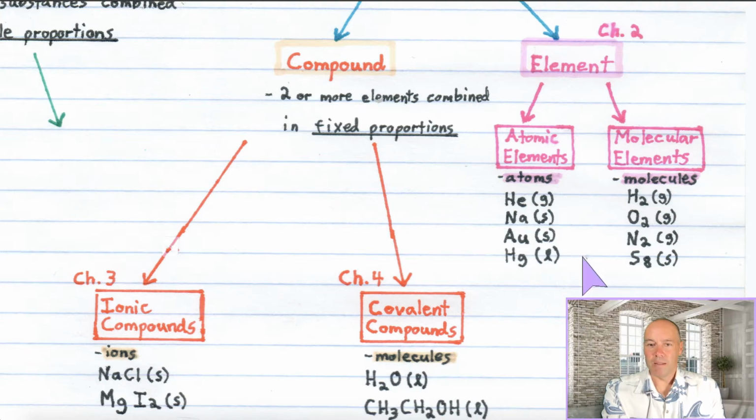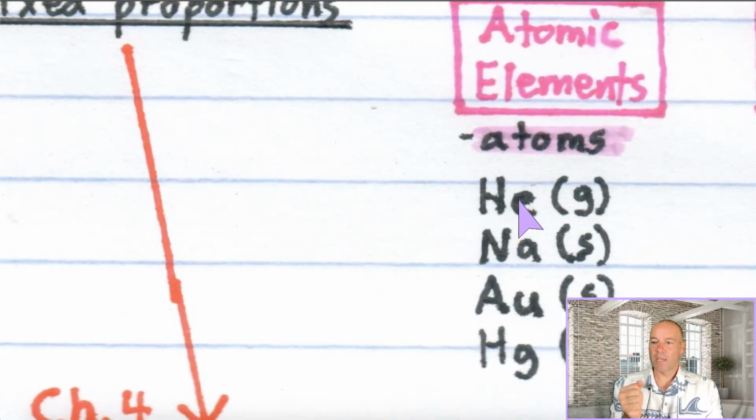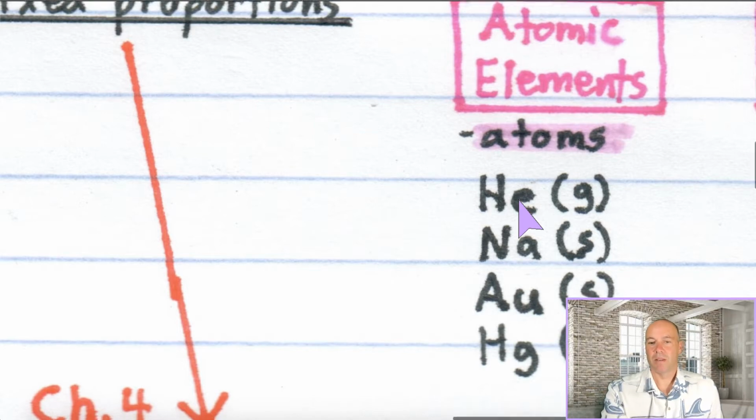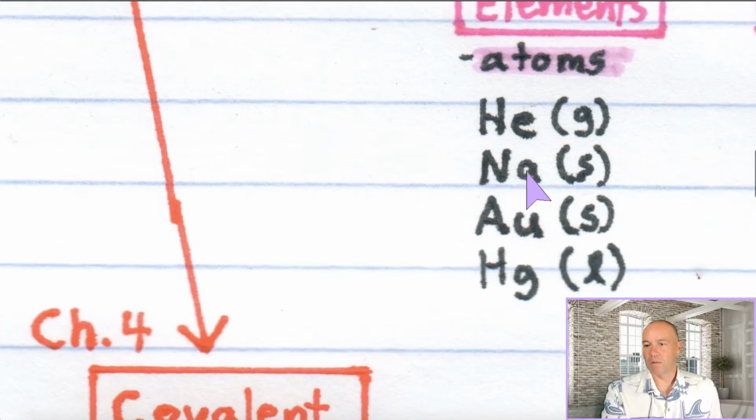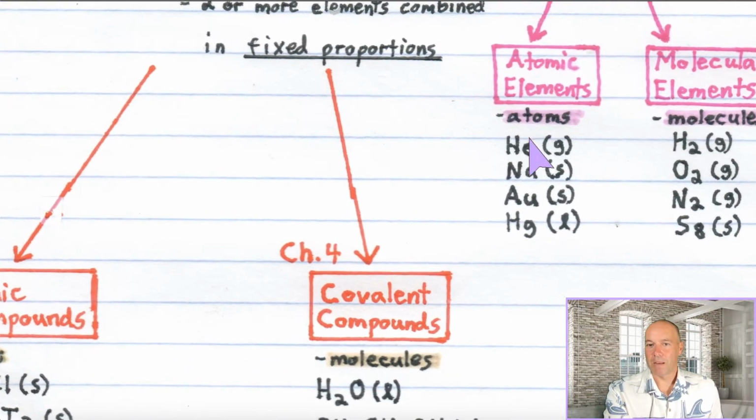So helium, helium atoms have no tendency to bond to other helium atoms. They are fine just as single atoms. And gold and sodium, those are also atomic elements. So the formulas for atomic elements are simpler. Molecular elements, their formulas have numbers to indicate how many atoms per molecule there are.